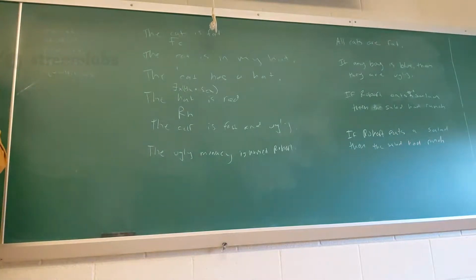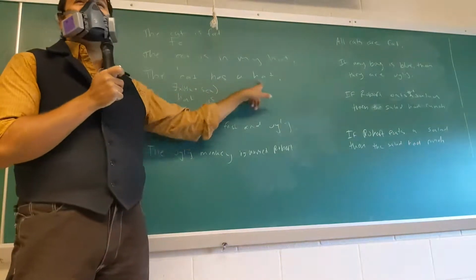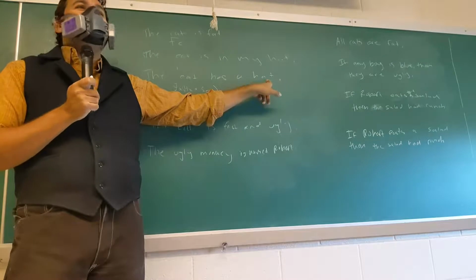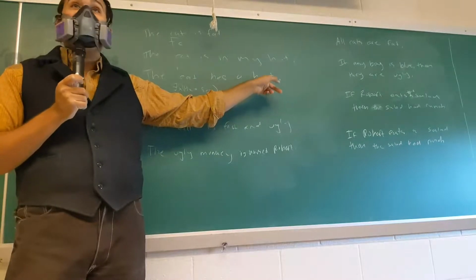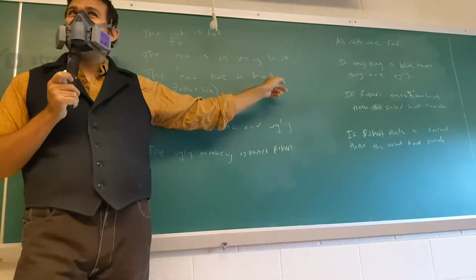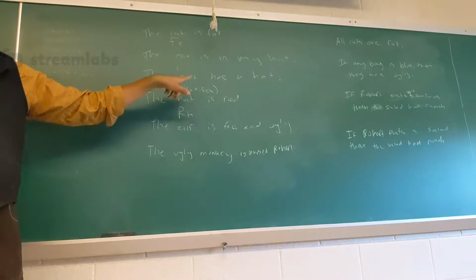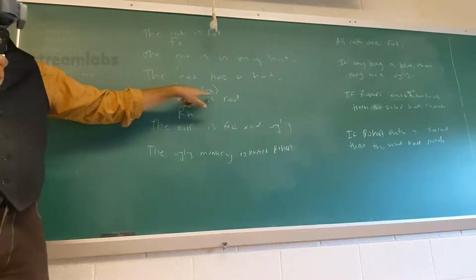Now, this is where it becomes interesting. Remember how I said we don't want to define the property has a hat as just H, because that doesn't really represent what having a hat is. So now I'm kind of talking metaphysics: what is the relationship of having a hat? I want you to more accurately represent that relationship, breaking it into its parts.